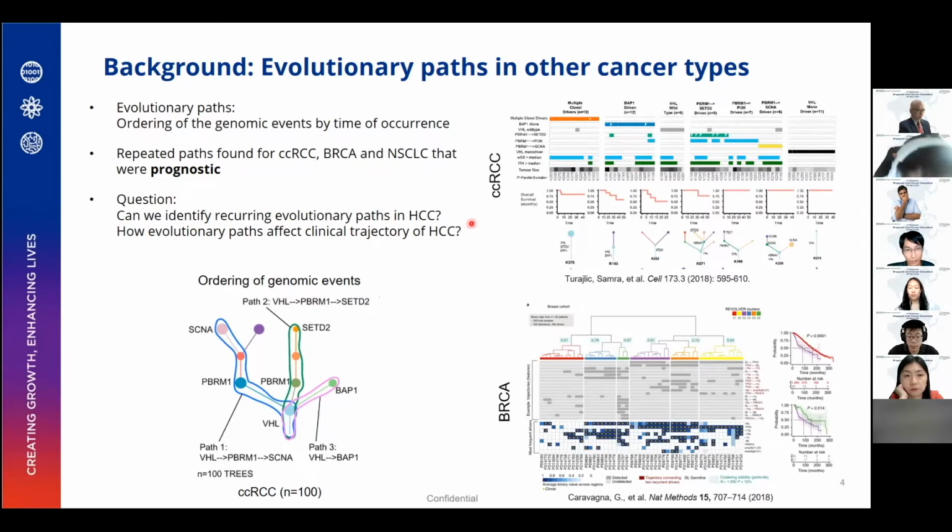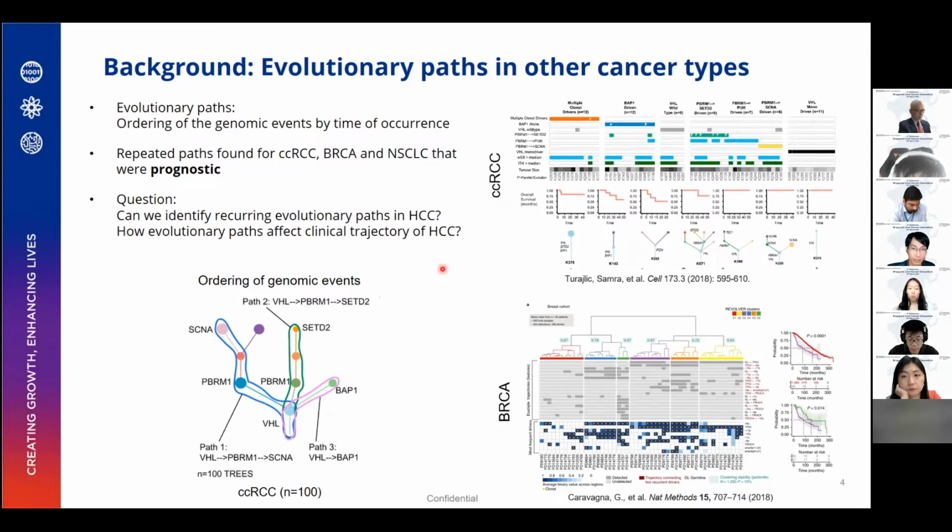So now the question we have is whether we can identify similar evolutionary paths in HCC and whether it could affect the clinical trajectory of HCC. Answering this question might be very helpful to answer some of the previous questions Weiwei raised and the others raised, to make use of the evolutionary data we have from such a big cohort.